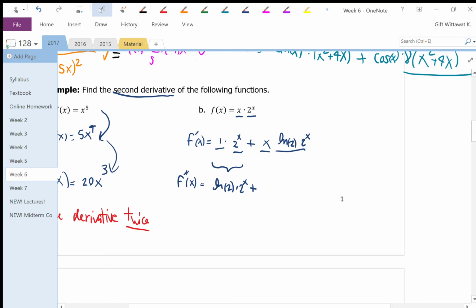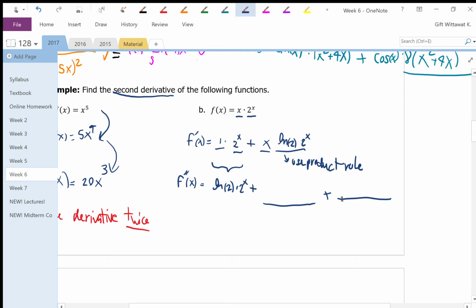My second term is going to be more troublesome because I have two things being multiplied, so I'm going to have to use the product rule again. If I use the product rule with the second term, I should see two things being added.